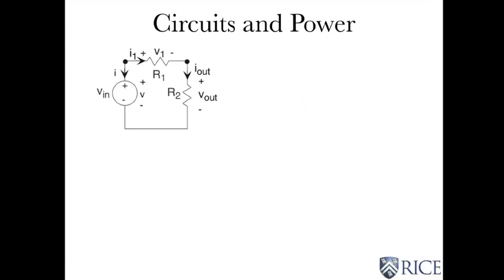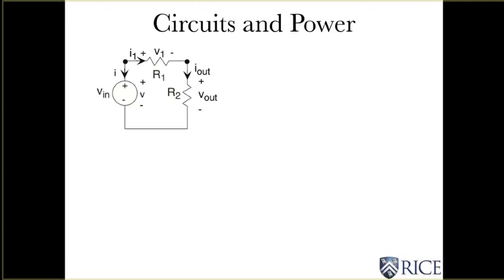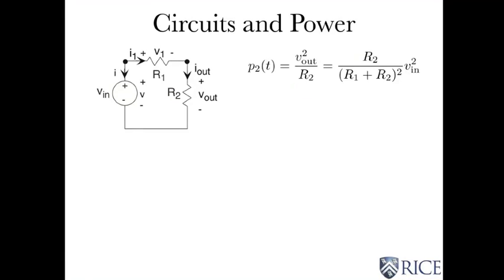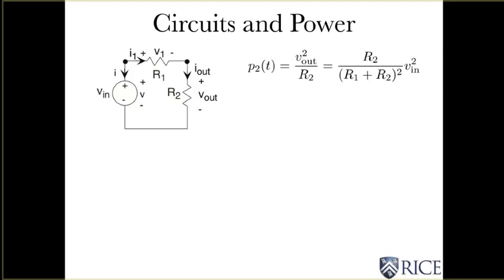So let's do a little power calculation. I'm very interested in what is consuming power and what is the source of the power that's being consumed. So, as we know, power for each element is the voltage that we have times its current. And I want to consider that for each element. So, we know for a resistor that the power is the voltage squared divided by the resistance.